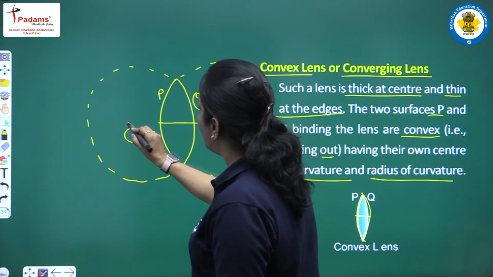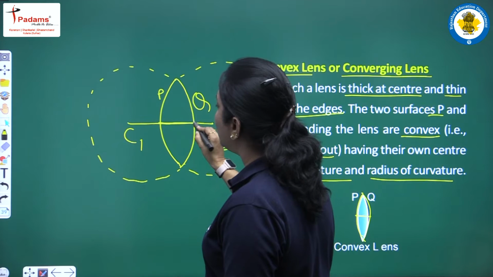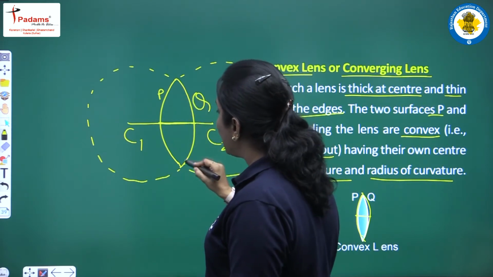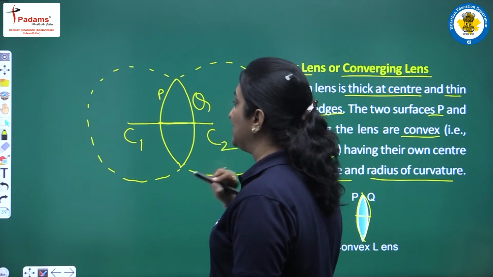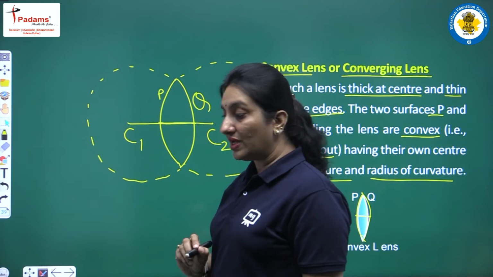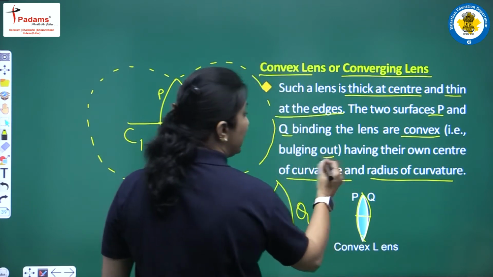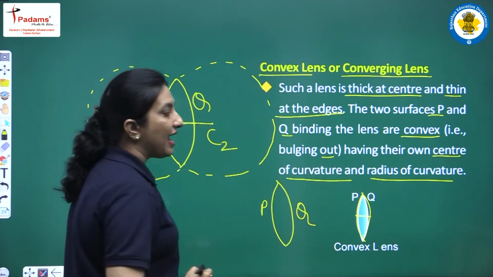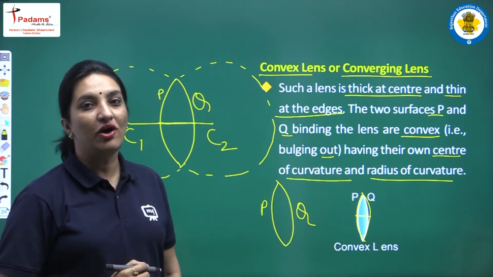The radius of curvature will be from C1 to this portion Q. So P has its center of curvature at C2 and Q has its center of curvature at C1. These two surfaces have their own center of curvature and their own radius of curvature.